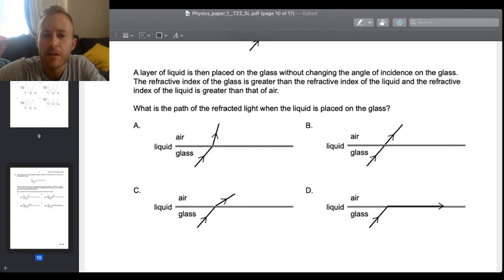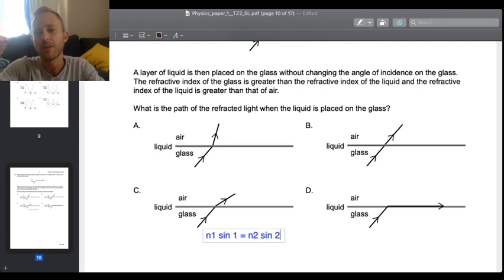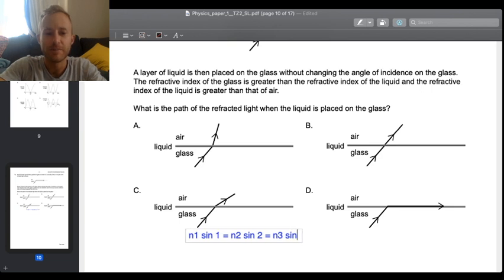Now, why do I say that the answer is D? Well, Snell's law says that N1 sine theta 1 equals N2 sine theta 2. But if we add another interface, we would have N2 sine theta 2 equals N3 sine theta 3.